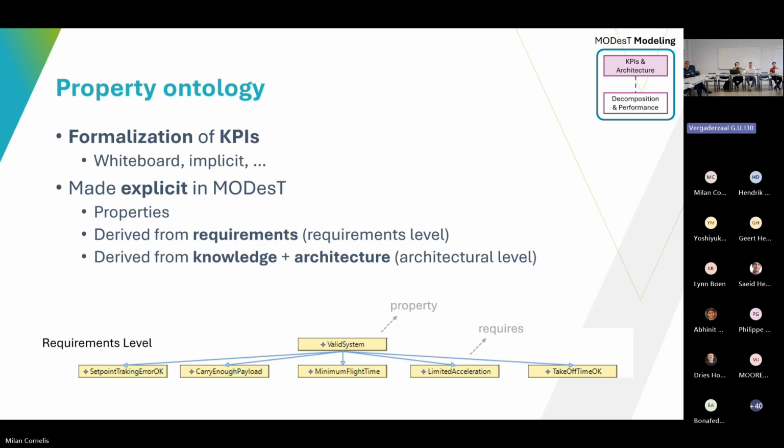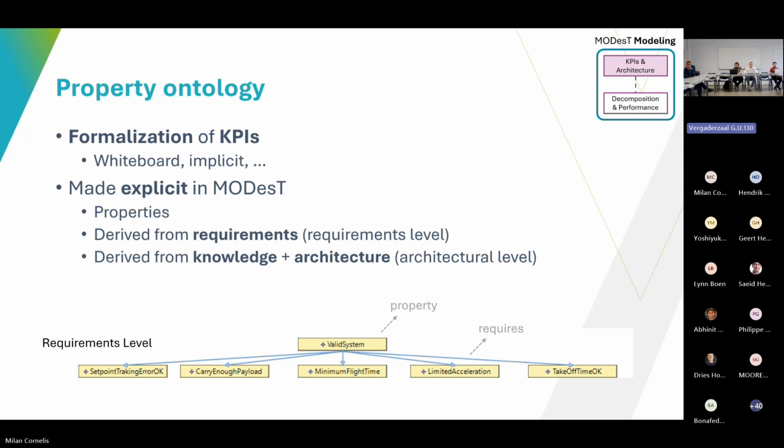Taking a deeper look at this, you have these requirements-based properties, which we directly derived from the requirements mentioned before, like the flight time that we wanted to obtain, the takeoff time, a certain acceleration, the payload, and so forth. What these say is, we ask ourselves, okay, does the system fulfill this property? So does it also fulfill this requirement?